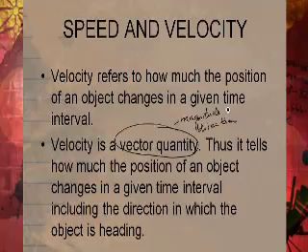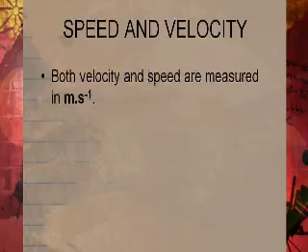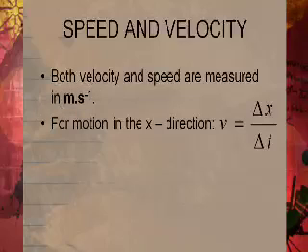With speed, we're talking about a scalar quantity, so it has only magnitude. So velocity tells how much the position of an object changes in a given time interval, including the direction in which the object is heading.